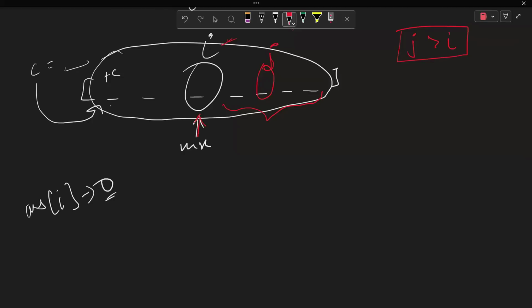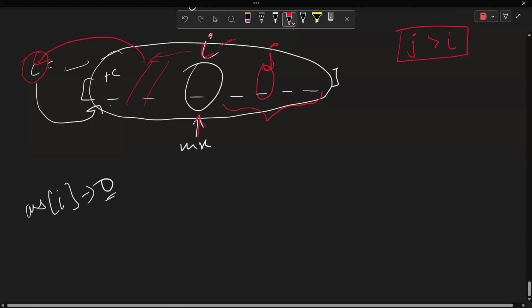So even if you remove any candidate from here, anywhere, those removals would get added up to C. And where would the votes of this C go? This would go to the candidate with lowest number. And until the time this I is there, this C votes cannot go to J because this I is less than J. It would go to I or some other index less than I, whichever is the first. It would never go to J. So this J is not increasing, that's for sure.